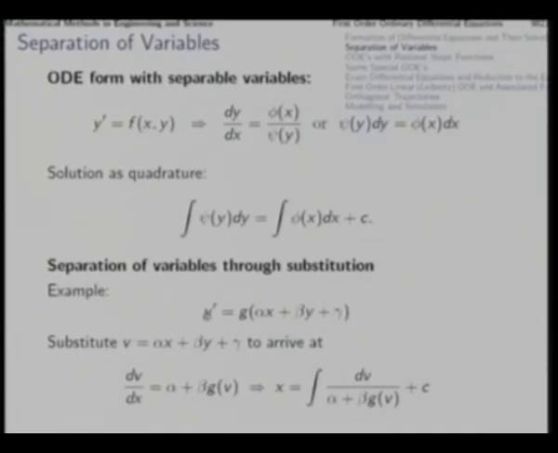We get dy by dx is equal to g of v, right? But then in dy by dx, two variables x and y are involved. Now, here v gets involved. So, what we do? We differentiate this and work out the relationship between v and x. As we differentiate this, we find dv by dx is alpha plus beta into dy by dx. In the place of dy by dx we put this g(v). So, we get dv by dx is equal to alpha plus beta g(v).